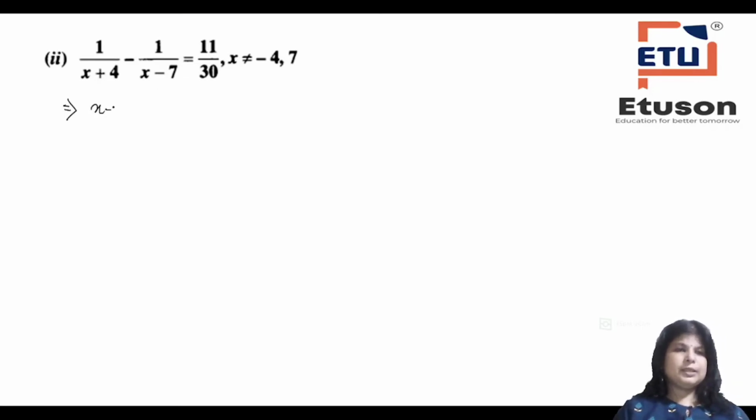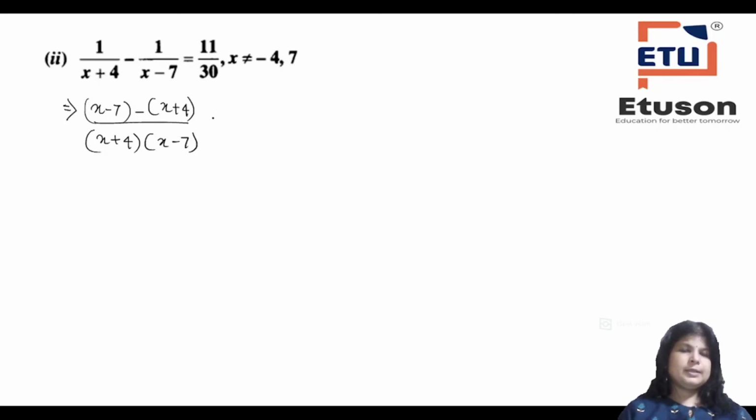So you will get x minus 7 minus x plus 4 divided by x plus 4 into x minus 7 is equal to 11 divided by 30. Correct or not? So let us open up the bracket or parenthesis.